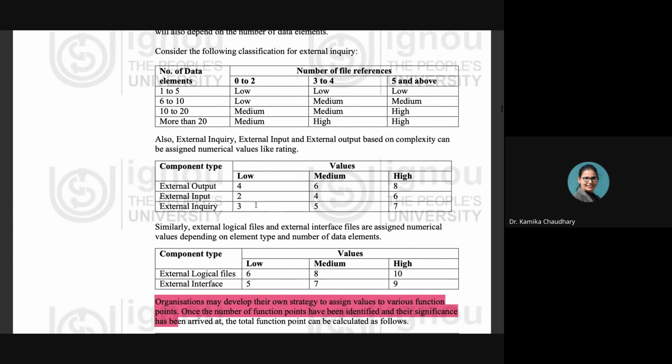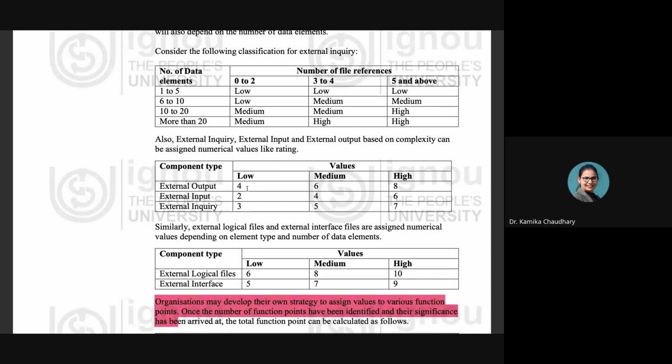We divide the ranges: from this range to this range falls into the category of low, from this range to this range falls into medium, and from this range to this range falls into high. It depends on the organization what ranges they take, ranging from where to where, right? So that comes under this.